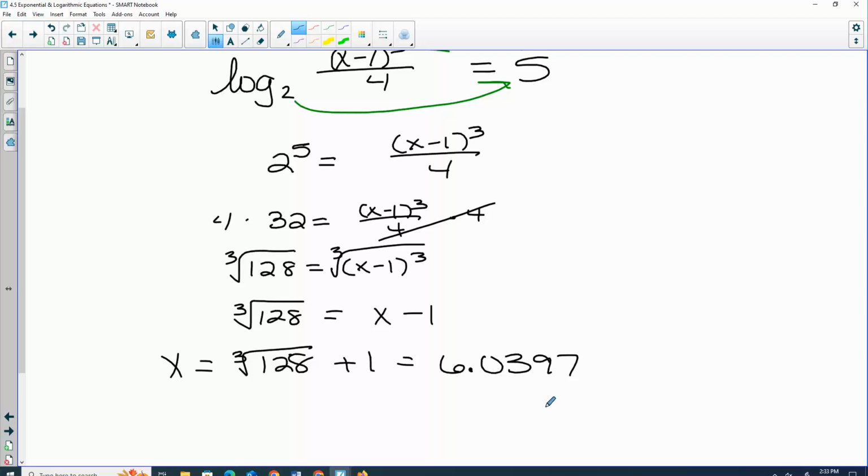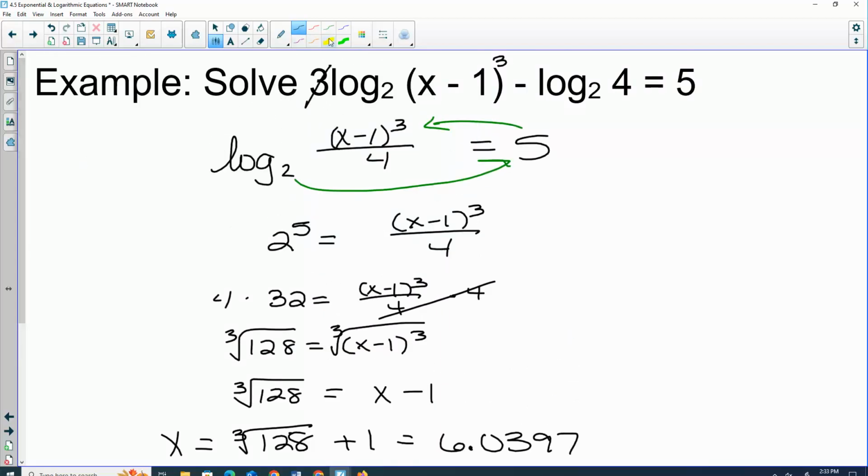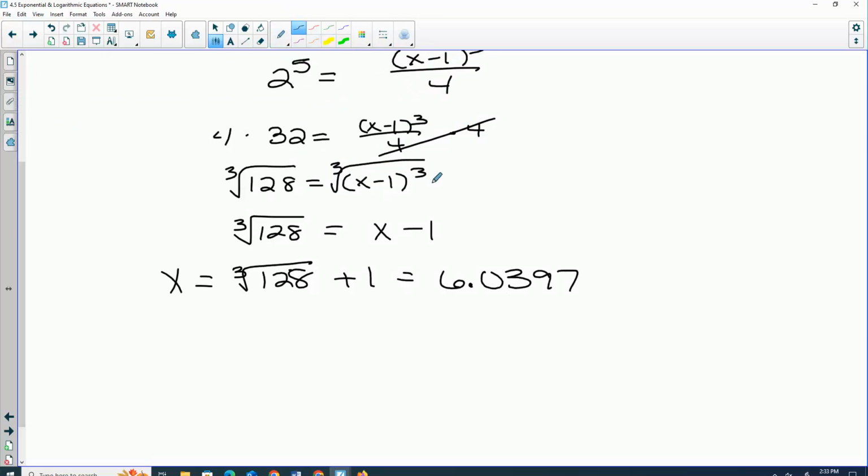However, what do we need to remember to do here? We have to check it. So if I plug that back in, I'm just verifying that my arguments are positive. So 6 point something minus 1 is positive. We're good. Is that okay?